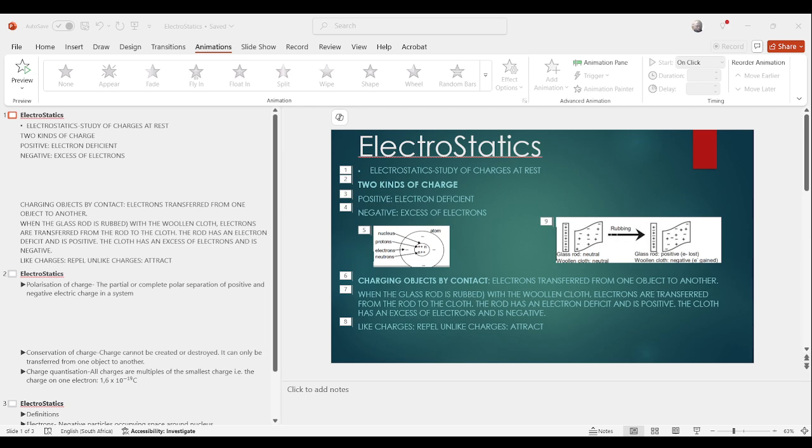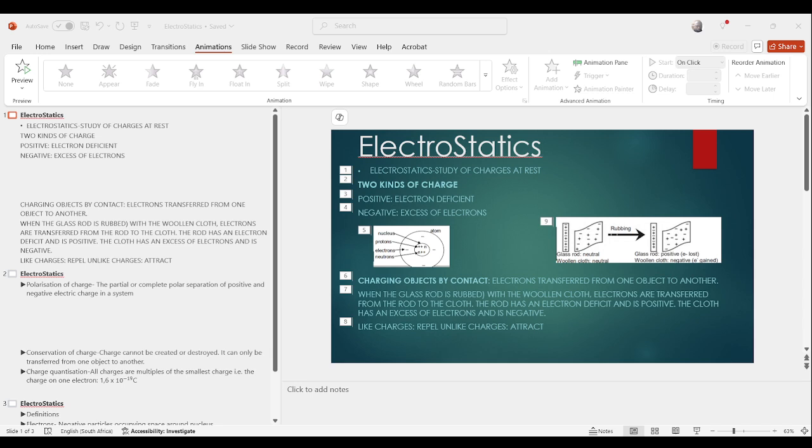Polarization of charge is a partial or complete polar separation of positive and negative electric charges in a system. The term polarization comes from the term poles. For instance, a magnet has a south and north pole.